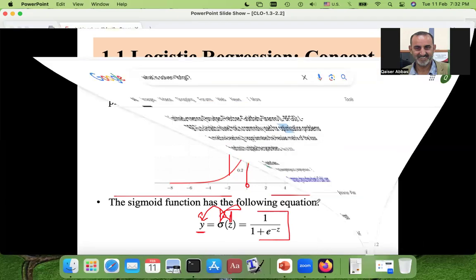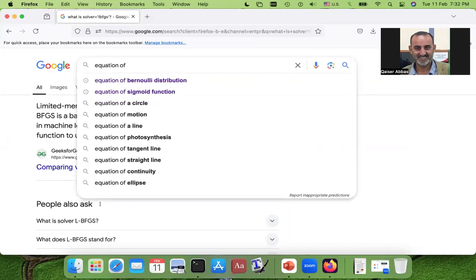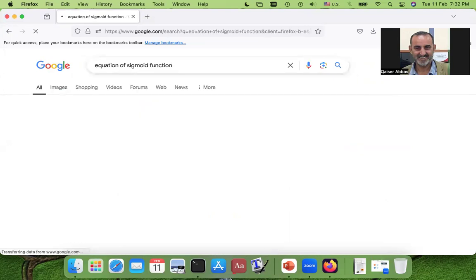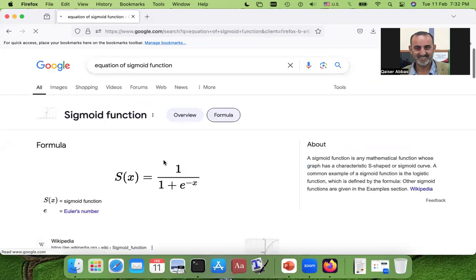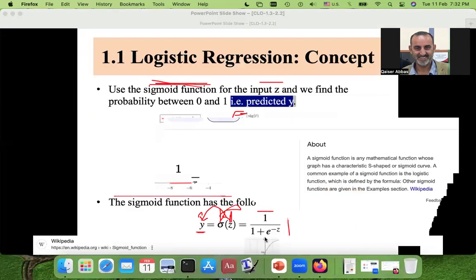If I show you, let's have a look. Equation of sigmoid. Have a look over here: 1 over 1 plus e raised to the power minus x. And here we are saying x. And here, what do we have? 1 over 1 plus e raised to the power minus z.